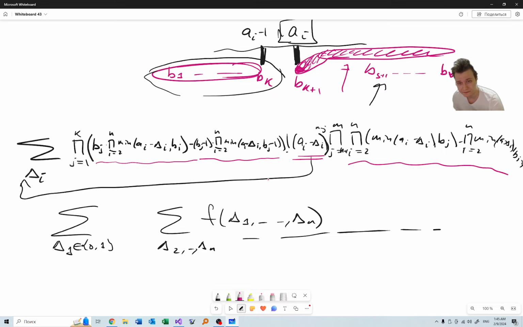But here, it's also quite simple. Because here we simply removed ai minus delta I to the power m minus j. So we can write it here: ai minus delta I to the power m minus j. And then it's simply a function from delta 2 to delta n, because we are not dependent on delta 1.